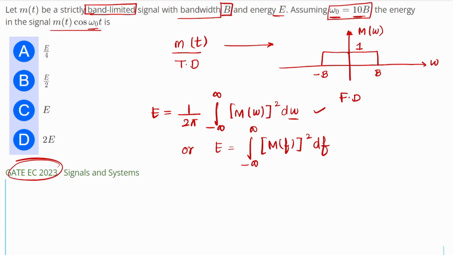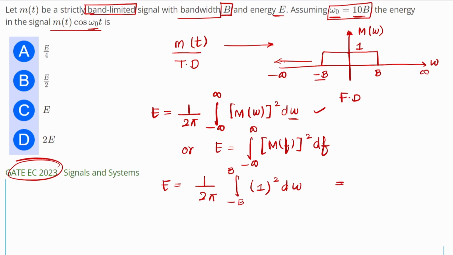Now, let's find the energy of the signal. So, the energy of the above signal will become 1 by 2 pi. The signal is 0 from minus infinity till minus B, and it is 0 from B to positive infinity. So, it is present between minus B to B, and the value of M(omega) between these values is equal to 1, squared, d omega.